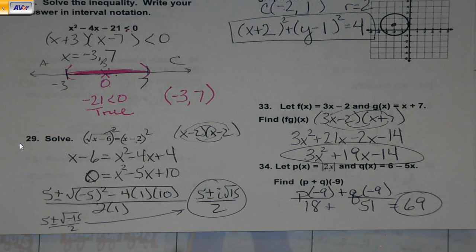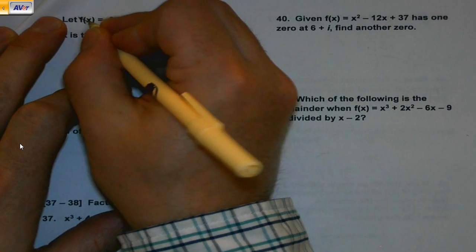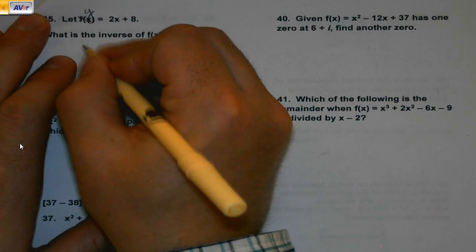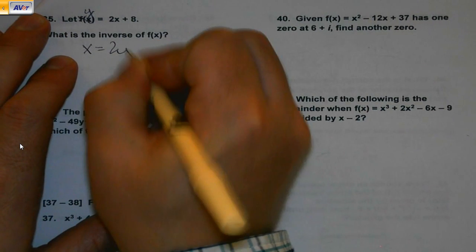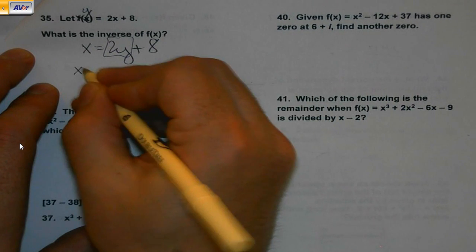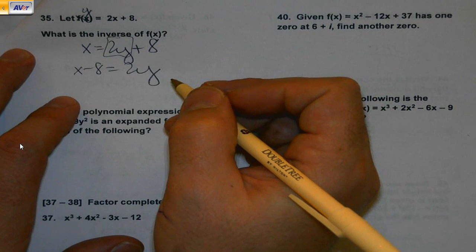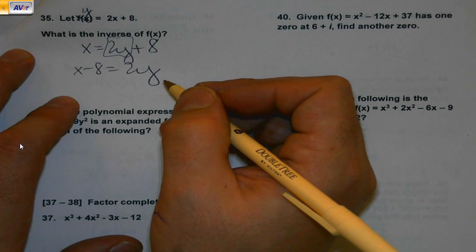Okay, so this stuff really isn't bad. Again, it's detail and take your time, which is nice that we're only doing the multiple choice part as we get forward here. Okay, what's the inverse of f of x? Remember, f of x, fancy way of saying y. To find the inverse, we switch the x and y, and we solve for y. So I minus the 8 over. And then when I go through and divide by 2, the answer could be written one of a couple ways.